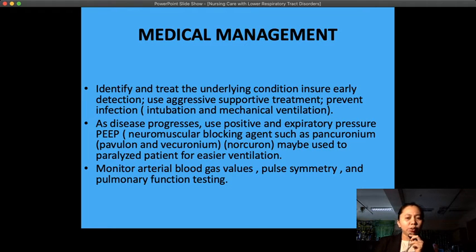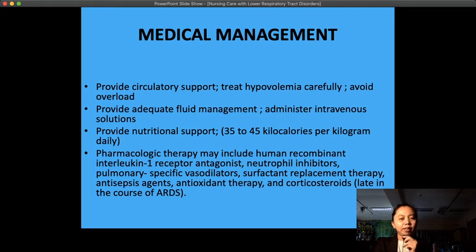You already had that in your diagnostic exams, so somehow we just have to review some of those, and focus also on the nursing interventions. Provide for the medical management, provide circulatory support, treat hypovolemia, carefully avoid overload, provide adequate fluid management, administer intravenous solutions, and provide nutritional support, so on and so forth.